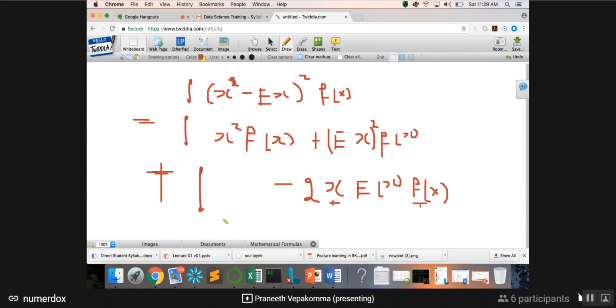So in this term you have negative 2 times expectation of x coming from here, and then this expectation of x, which means expectation of x whole square. So this term is negative 2 expectation of x whole square, and then you had this integral term, and then you have this term, right?